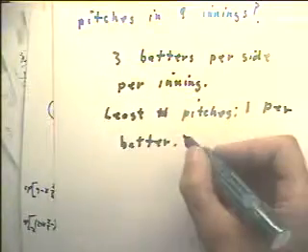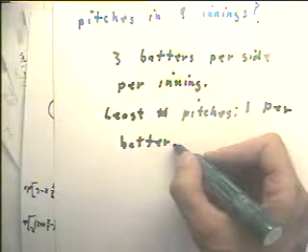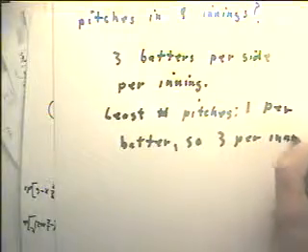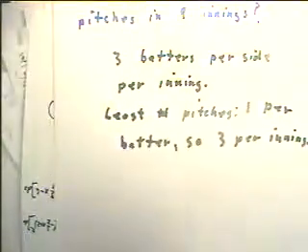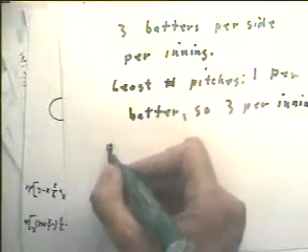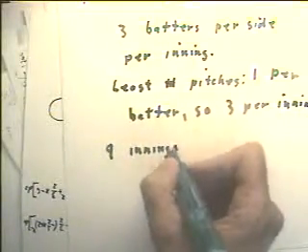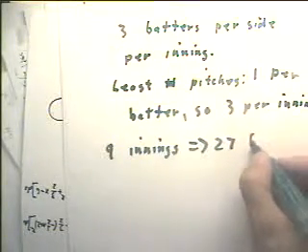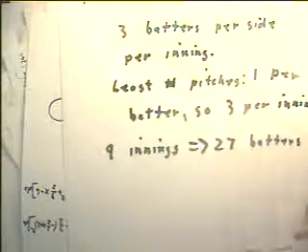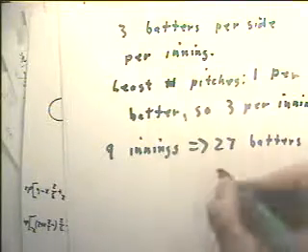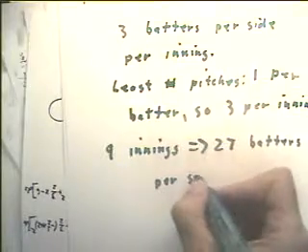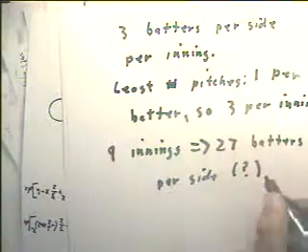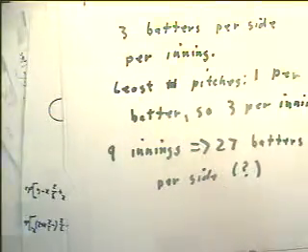Okay, 1 per batter. So 3 per inning. Now there are 9 innings. Which implies 27 batters per side, question mark there, 27 pitches per side, 54 batters.